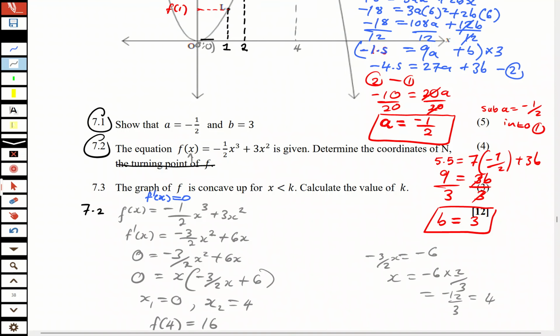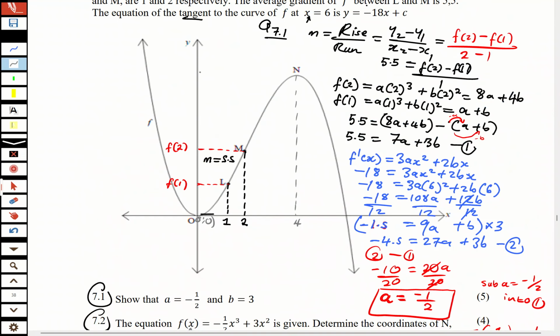Let me show you. If you have to check, let me make sure that this is aligned to the graph there. Remember, you evaluate your function at 4. You give us 16. So this is 16 there.